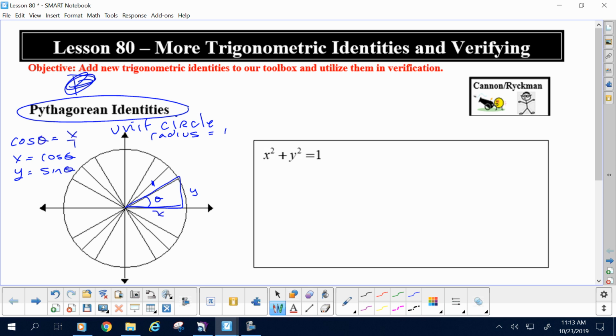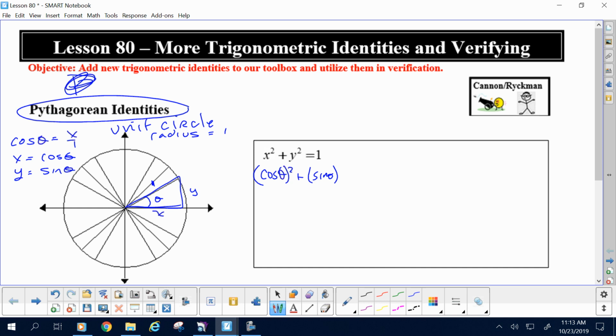Now, if we take the equation of the circle, we know that a circle with a radius of 1 centered at the origin has this really nice clean equation, yeah? Now let's take that to trig. What did we just say x is equal to? Cosine. So cosine squared, and what do you know y is equal to?